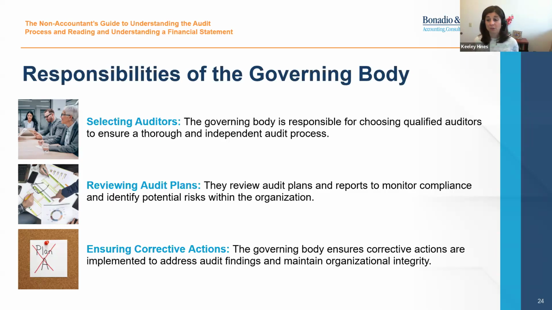And then, of course, really being involved in reviewing that audit plan and ensuring that the governing body is having the right conversations with the auditor, especially when it comes to the identification of risks, and then certainly just the semantics of the audit. When can we expect for this to start? When can we expect to have some reporting? When can drafts be done? When can we have a formal meeting to debrief and discuss?